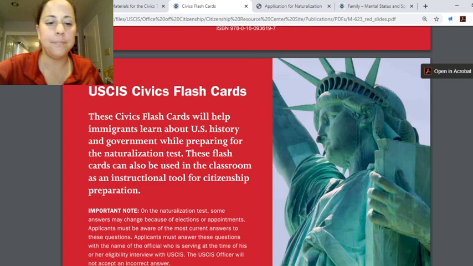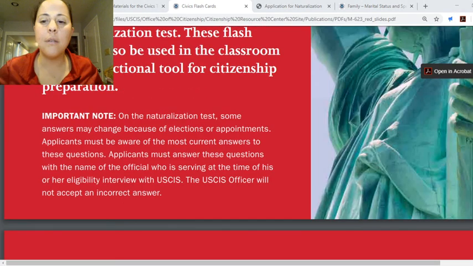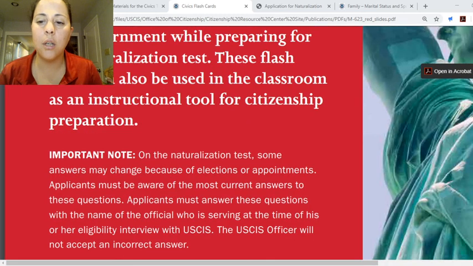I want you to pay attention to this note though, okay? Because it does depend on when you take your test. On the naturalization test, some answers may change.